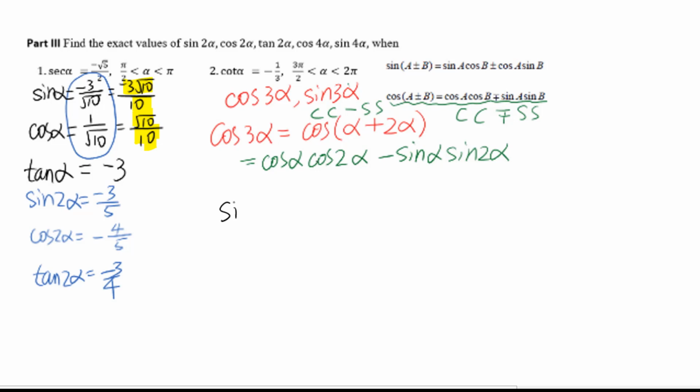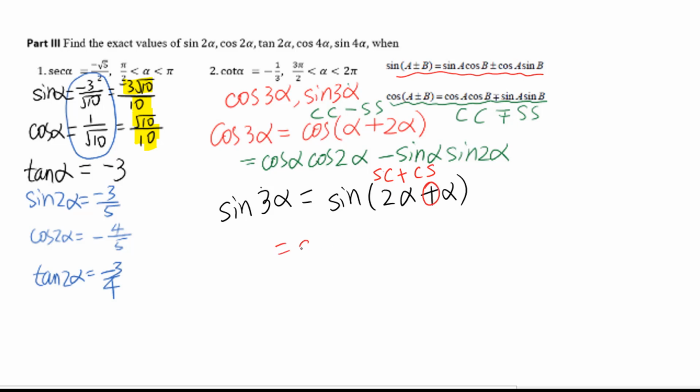Let's work on sine 3 alpha. We will change it into sine of 2 alpha plus alpha, or alpha plus 2 alpha, it doesn't matter. For sine 2 alpha plus alpha, we are going to use this formula here. That is SC CS, plus, because it has the same sign as this one.